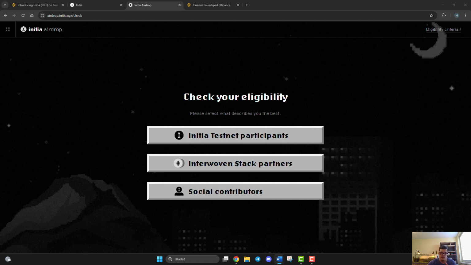The INIT token is the native utility and governance token of the Initia ecosystem. It plays several critical roles, starting with network security: tokens are used in staking mechanisms to secure Initia layer 1. Then transaction fees: INIT is used to pay for gas fees on the layer 1 chain.